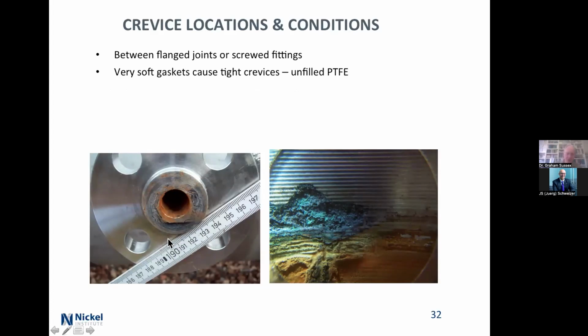And very severe corrosion. So you have to choose your alloy, your gaskets, and make sure that they are not making very tight crevices, which means you really don't want to have the gasket material coming out beyond the edge of the flange, because at that point, if you're exposed to the fluid, then you've got a very, very tight crevice, and the tighter the crevice, the worse the corrosion.